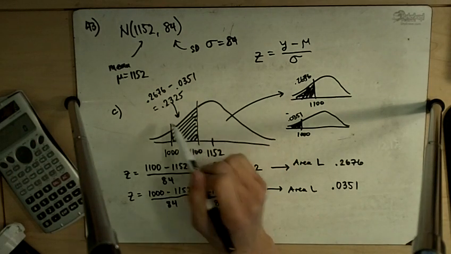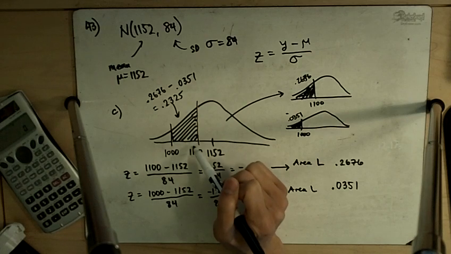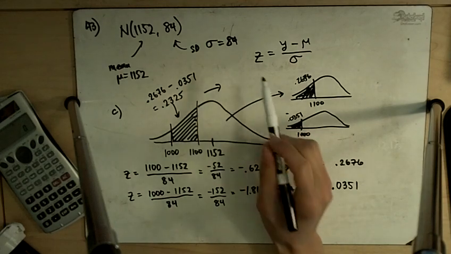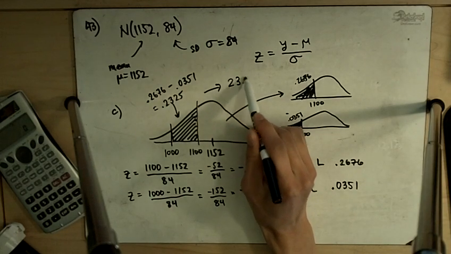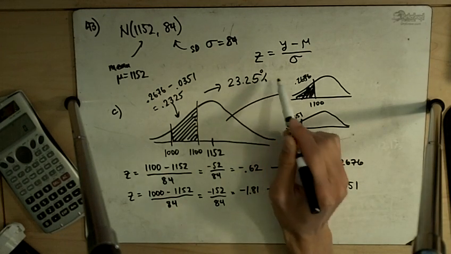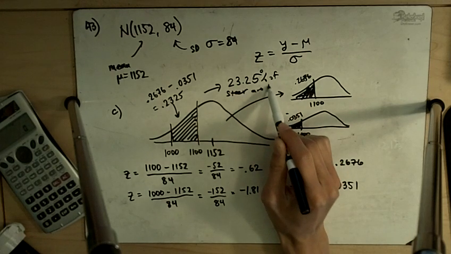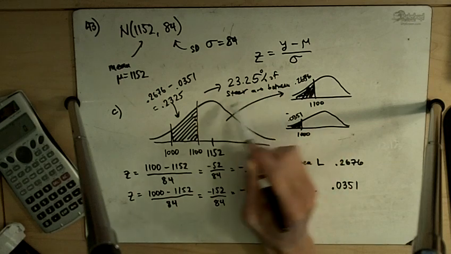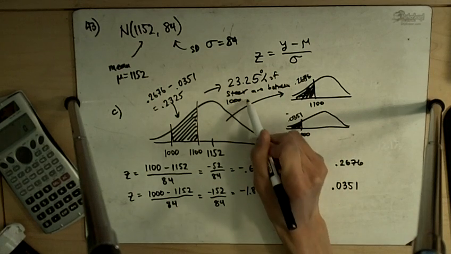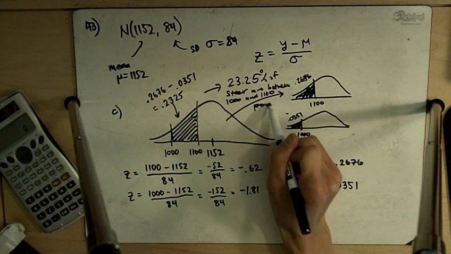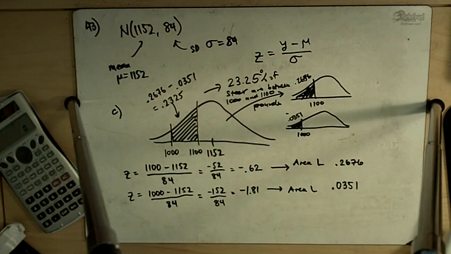That is the area between 1,000 and 1,100, so about 23.25% of steers are between 1,000 and 1,100 pounds. And that is the answer to problem 43.